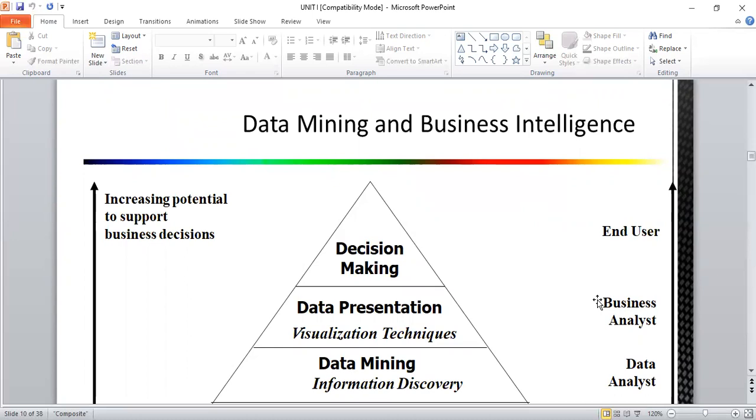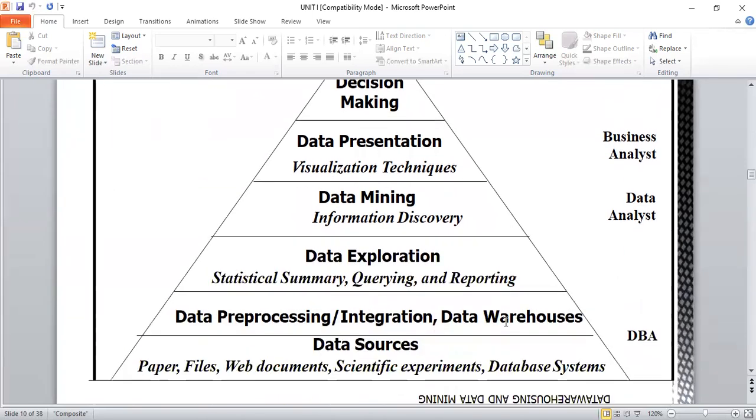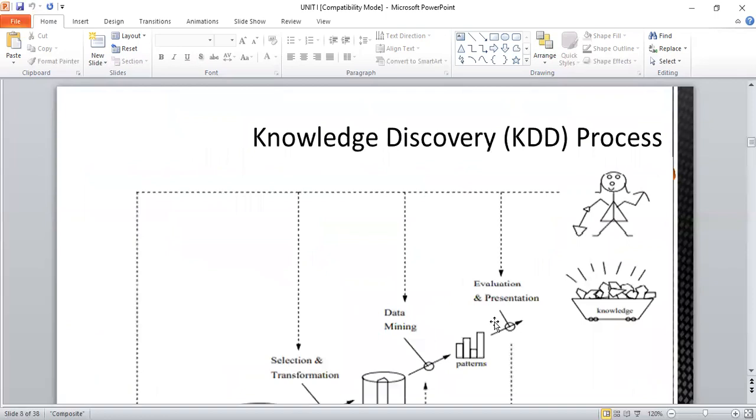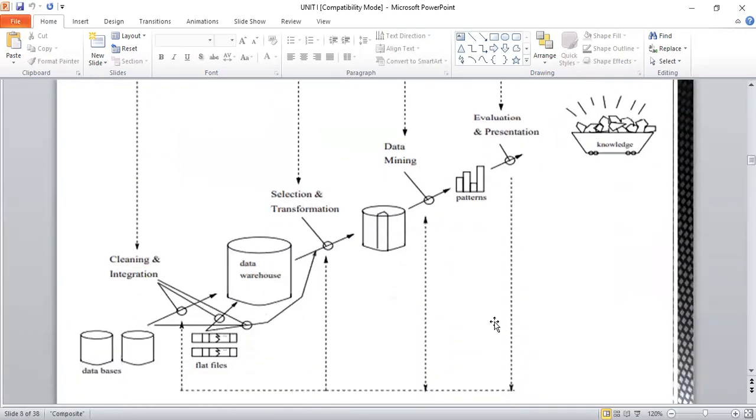Some of the main steps of business intelligence include collection of data, integrating the information, analyzing the knowledge, and deciding what to do. In that way, we take an effective decision. There are two key aspects of business intelligence that are written over here and that we are studying: data mining and data warehousing.